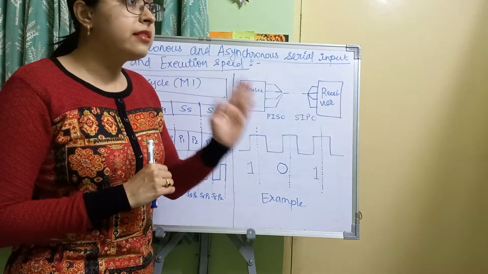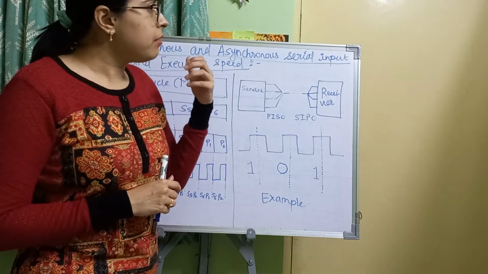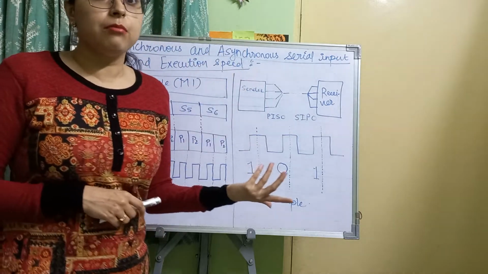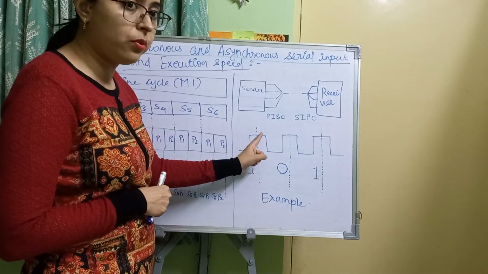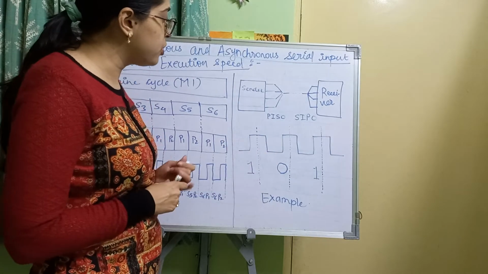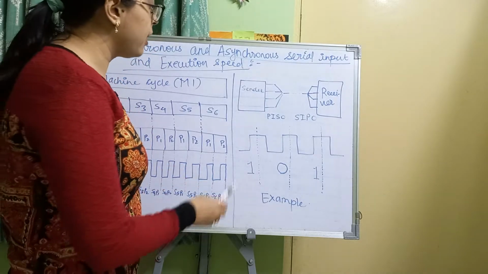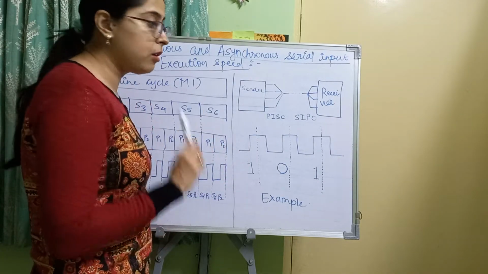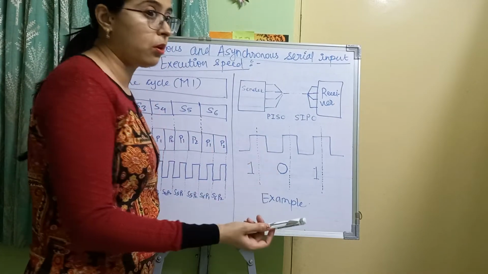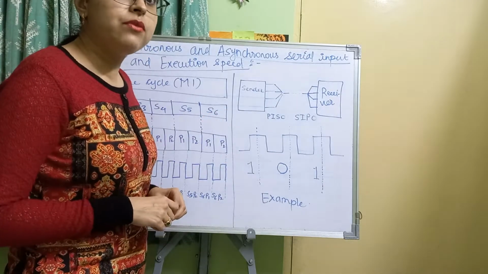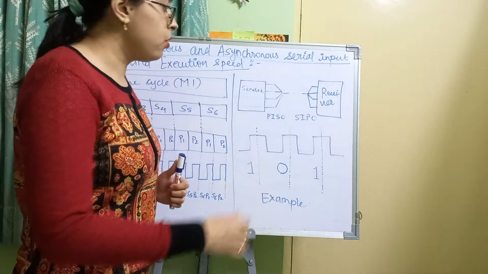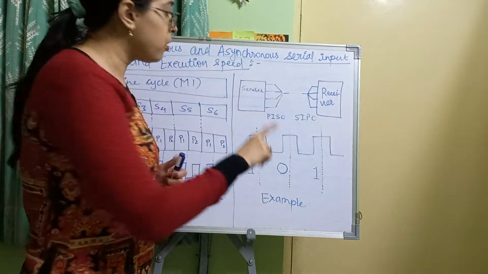The instant of a clock pulse can be anything. For example, it is the midpoint of logic 1 or the midpoint of logic 0, or it can be a low to high or high to low transition. At the midpoint of logic 1, we are transmitting a bit, or at the midpoint of logic 0.